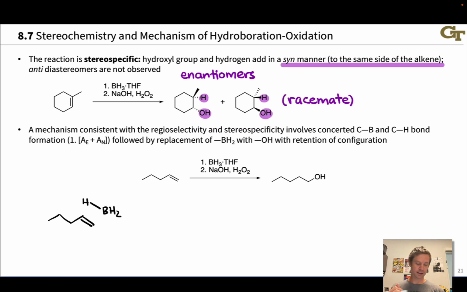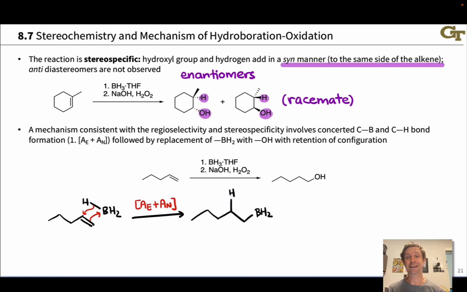So that's going to look something like this. We're going to draw an arrow from the BH bond to the more substituted position. I like to do this to show the nucleophilic hydrogen bonding to the more substituted position of the alkene, and an arrow from the alkene back to the boron, showing bond formation between the less substituted carbon and the Lewis acidic boron. This produces an alkyl borane, and we've added the hydrogen.